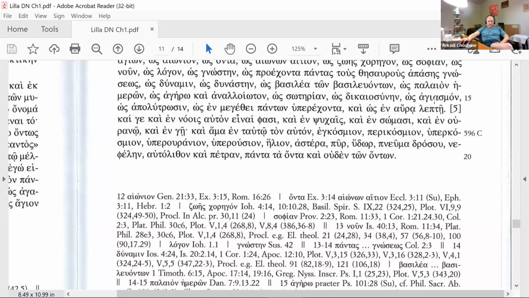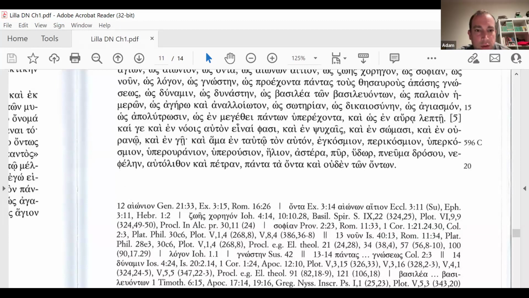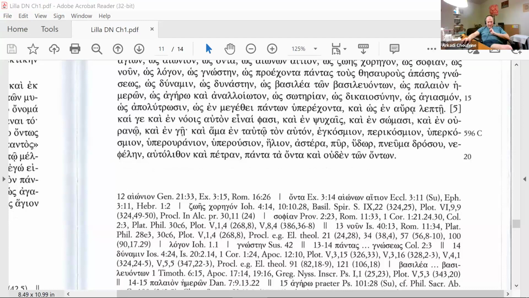as the ancient of days, as ageless and changeless, as savior, as justice, as holiness.